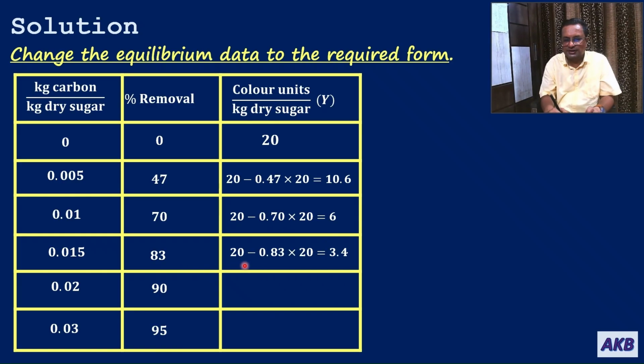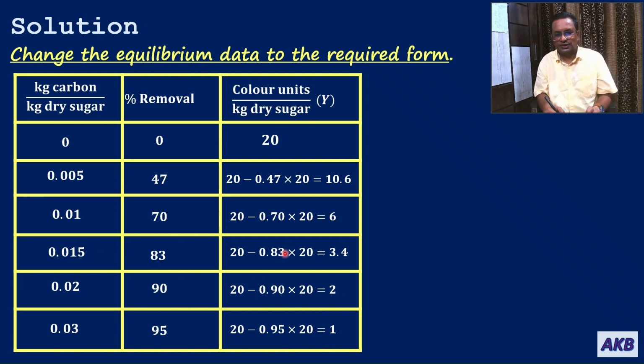Then if 83% is removed, the remaining color units will be 20 minus 0.83 into 20, that is 3.4. And accordingly, for 90% removal, the color units left in the solution would be 2. And for 95% removal, the color units will be 1. So in this way, we have got all the values for capital Y.